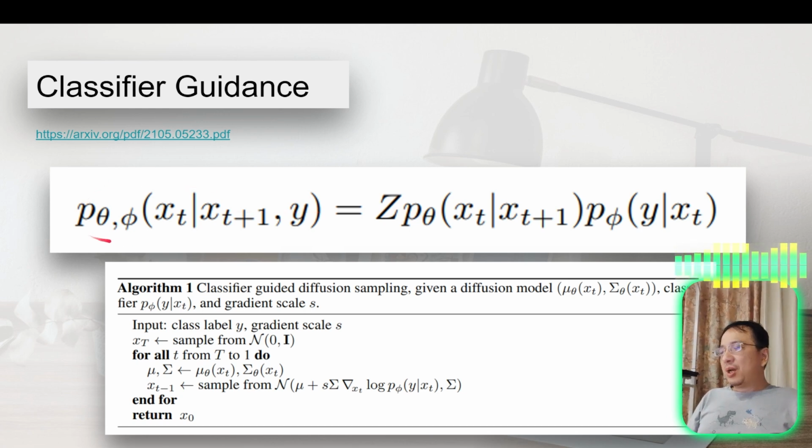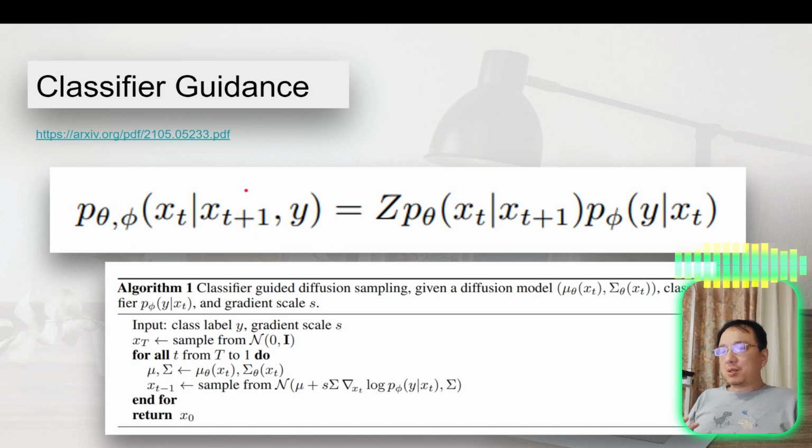The conditional probability depends on both xt plus 1 and the condition. However, the denoising model only has the probability of xt conditioned on xt plus 1 itself. So it is impossible to derive this probability from the diffusion model itself.